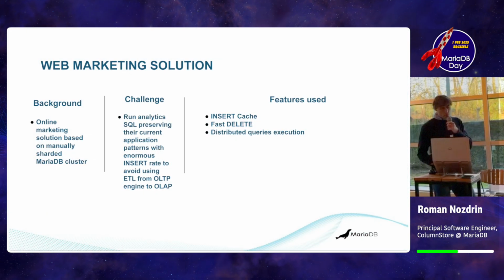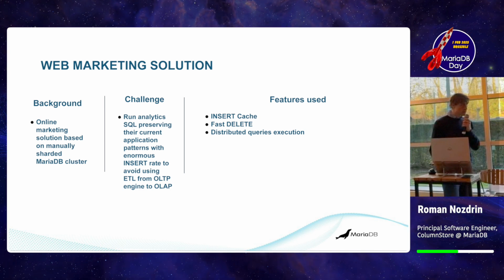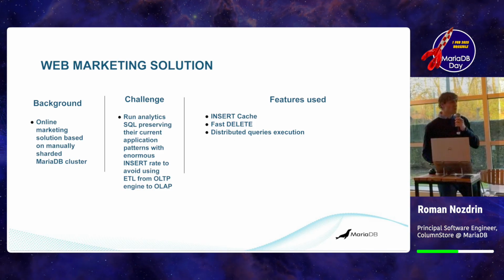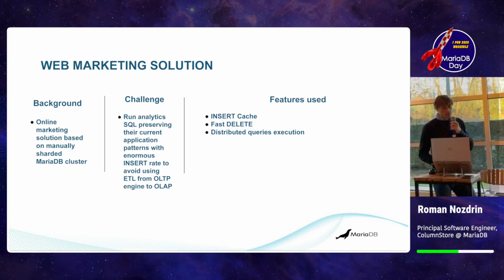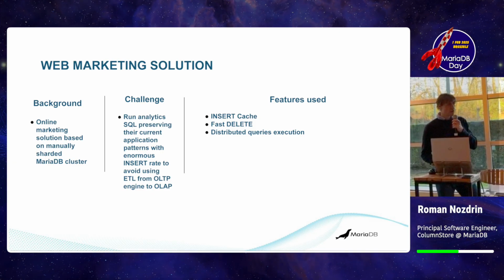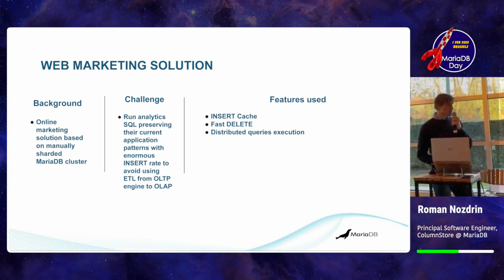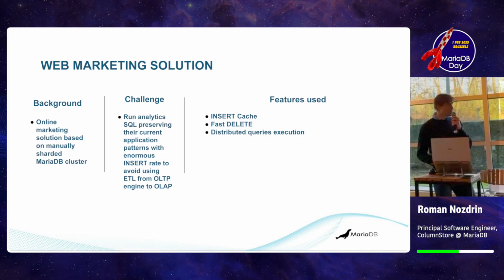With that, let's move to the third use case, and that is a web marketing solution with a very peculiar usage pattern. One of their primary requests was to make as small as possible changes to the existing application that was also based on OLTP.